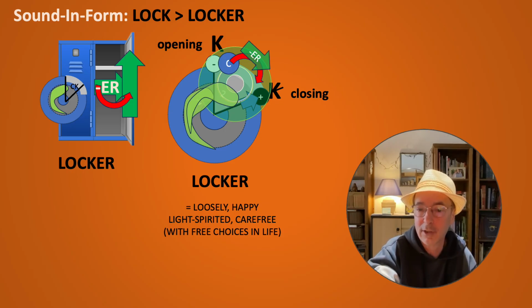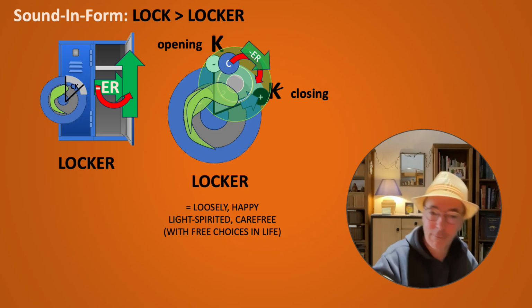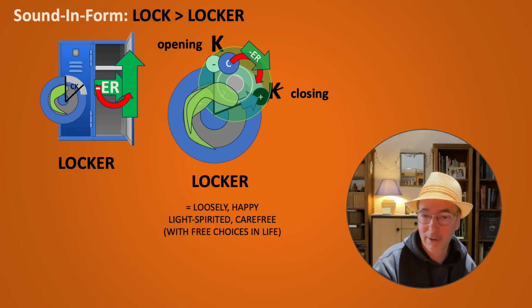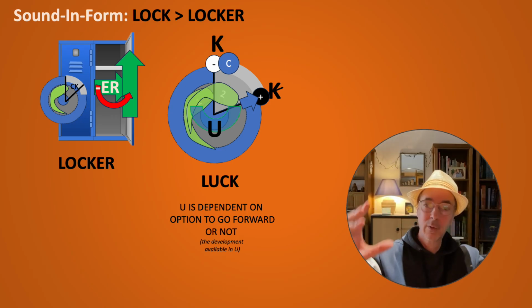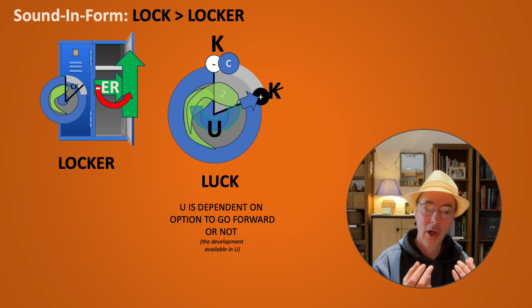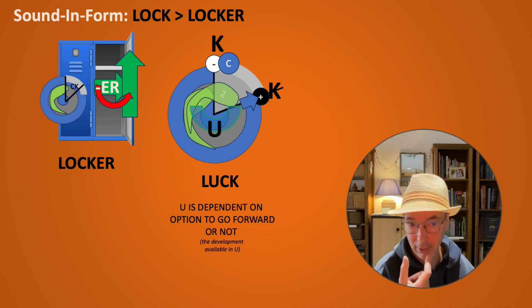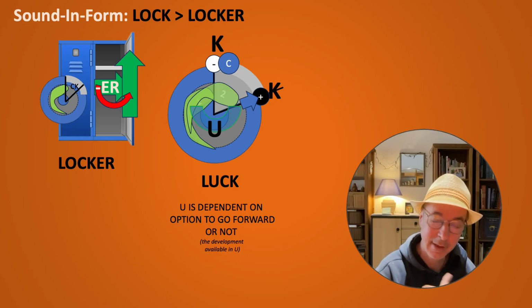It's also used in German. It's like feeling. I'm feeling locker. I'm feeling quite light-hearted. Luck then is not with the O, so it's not focusing upon what can I do in the outside world and do something and change something. Luck itself is dependent on a different vowel. The vowel U is always a reference to something which is still in development.